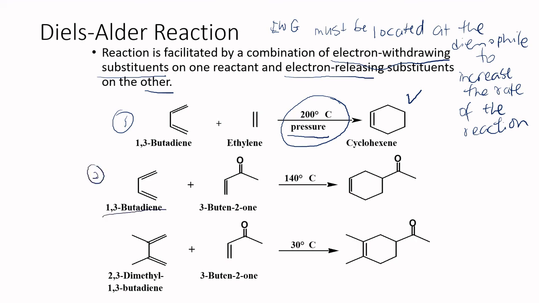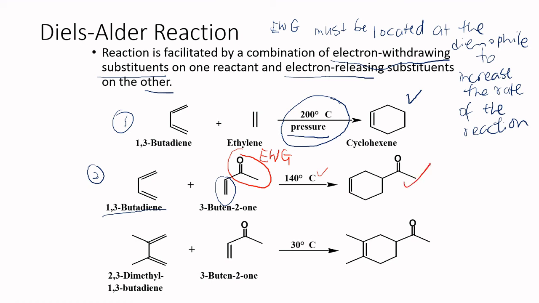Now we have a double bond here, the dienophile, but the difference between example 1 and example 2 is we add an EWG, electron withdrawing group, and when we want to carry out the reaction, we only need to do it at 140 degrees without the use of pressure. So we will get this product.